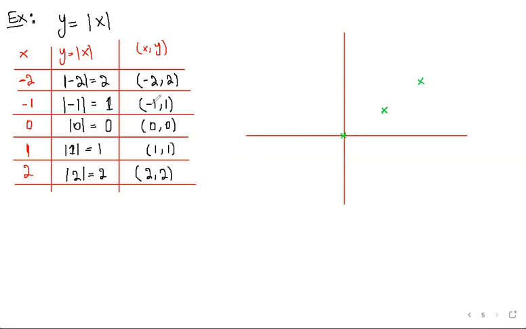Same thing for negative. Negative 1 and 1 here. Negative 2 and 2. This is my negative 2 and 2. So the drawing for these would look something like that. And here, it's something like that.